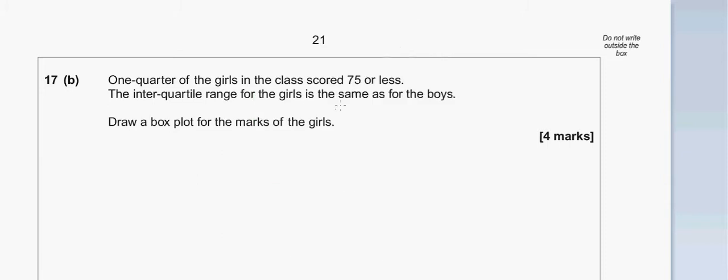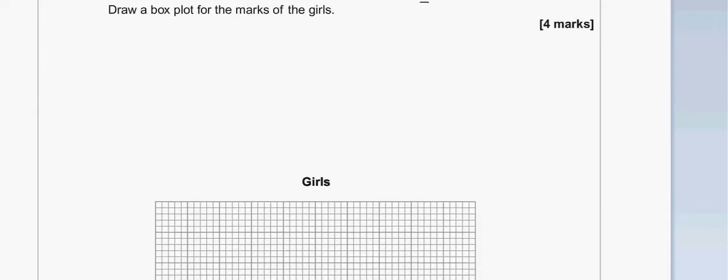Okay, so 17B. One quarter of the girls in the class scored 75 or less. The interquartile range for the girls is the same as for the boys, and draw a box plot for the marks of the girls. So we need to draw a box plot. So we have our box plot here.